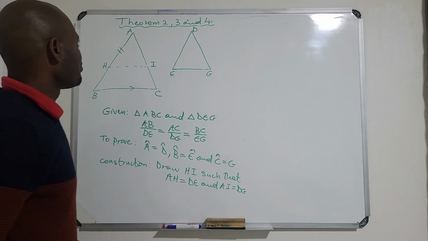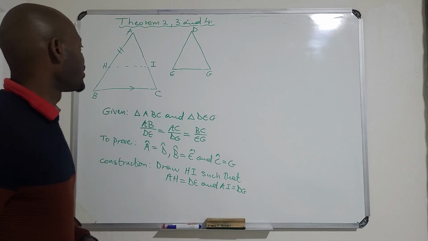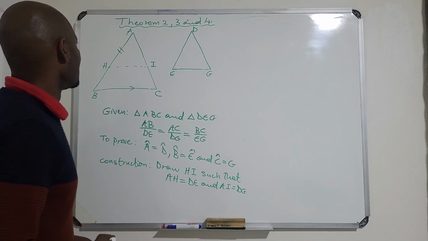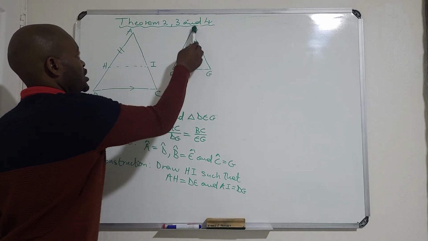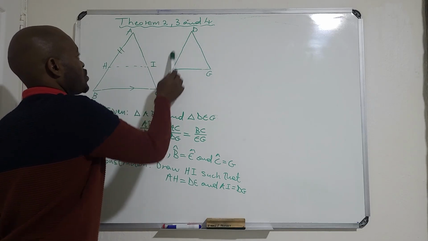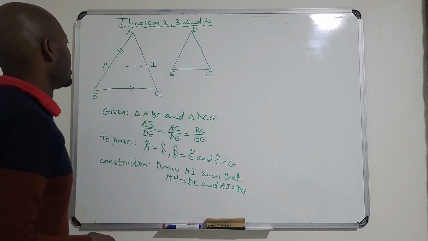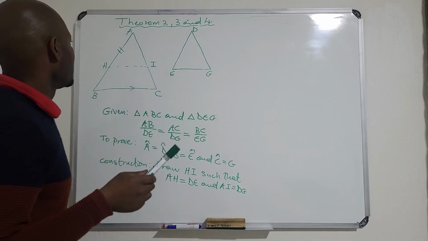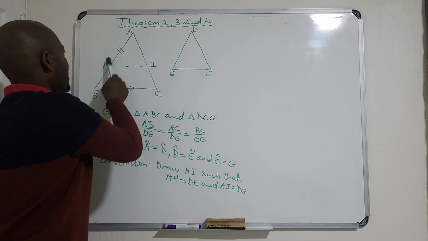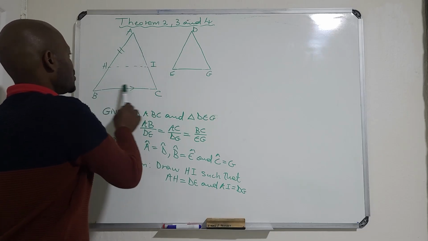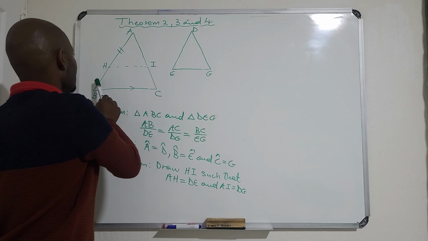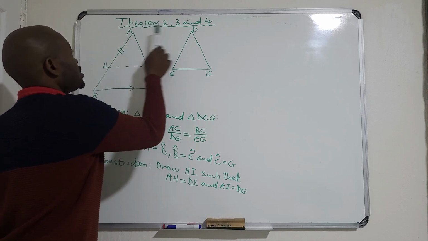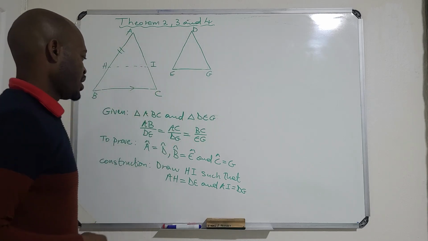So congruence is important in the proofs of these theorems, because once we prove that this is congruent to this, it means that this triangle is equal to that triangle. Then when this triangle is similar to this triangle, it will mean that this triangle is going to be similar to that triangle there.